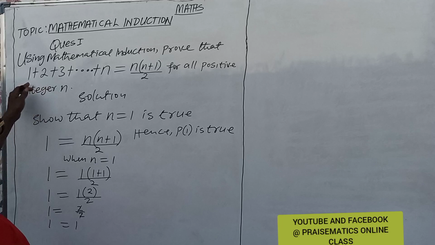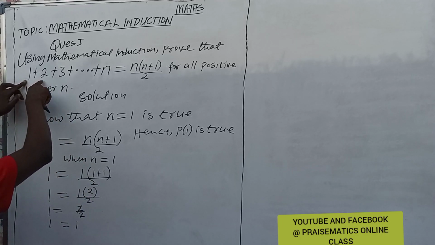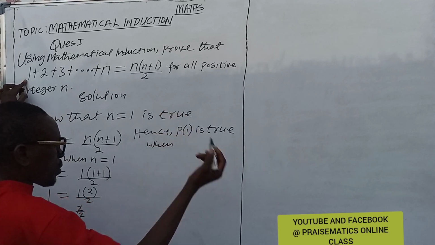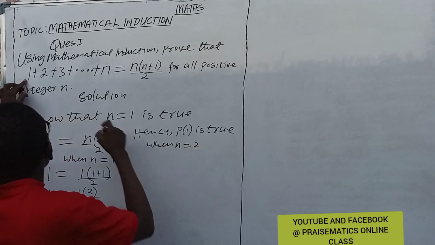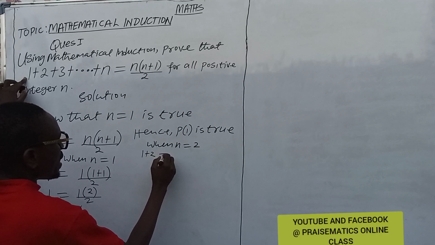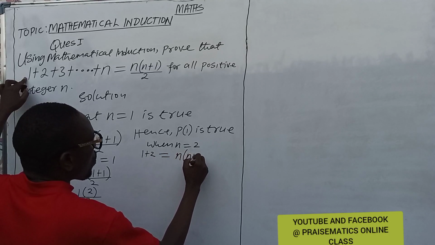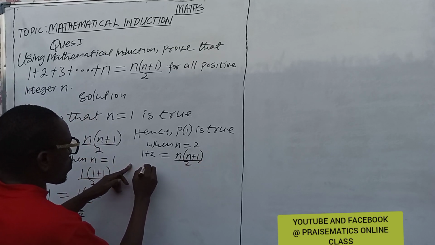Even if you want to check another one, I want to pick 2, when n is equal to 2. That means this plus this: 1 plus 2. Is it equal to n into n plus 1 all over 2? Let's check. 1 plus 2 gives us 3.